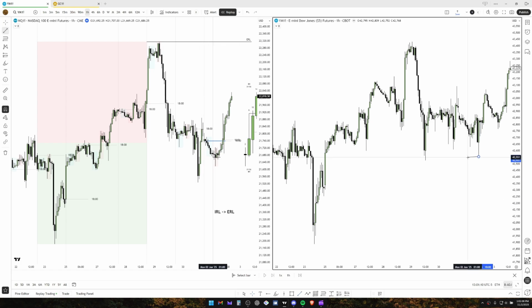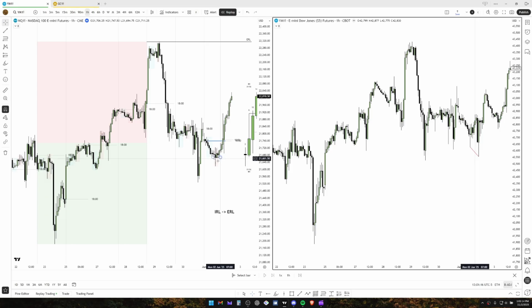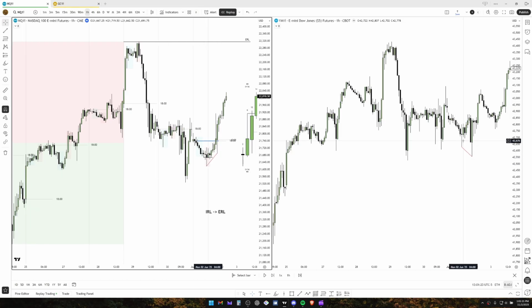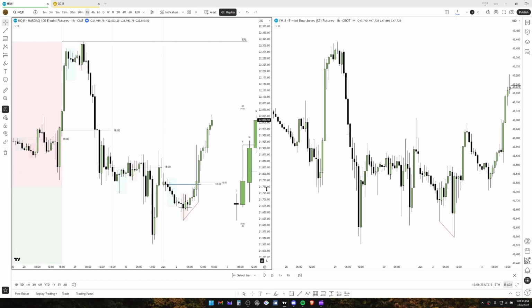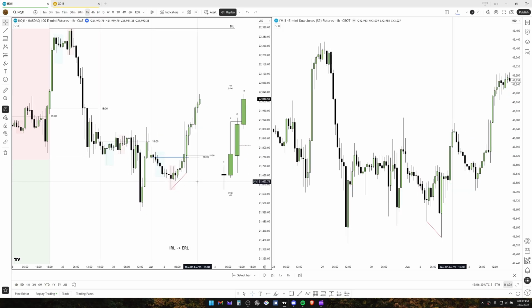So this is the SMT with YM right here, and this is the SMT on NQ right here. So YM swept the London low, but NQ didn't. This is already showing us what's happening.